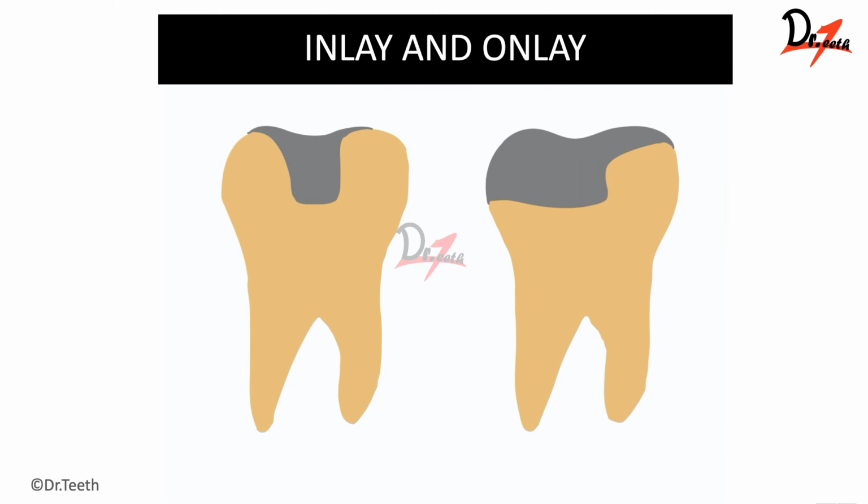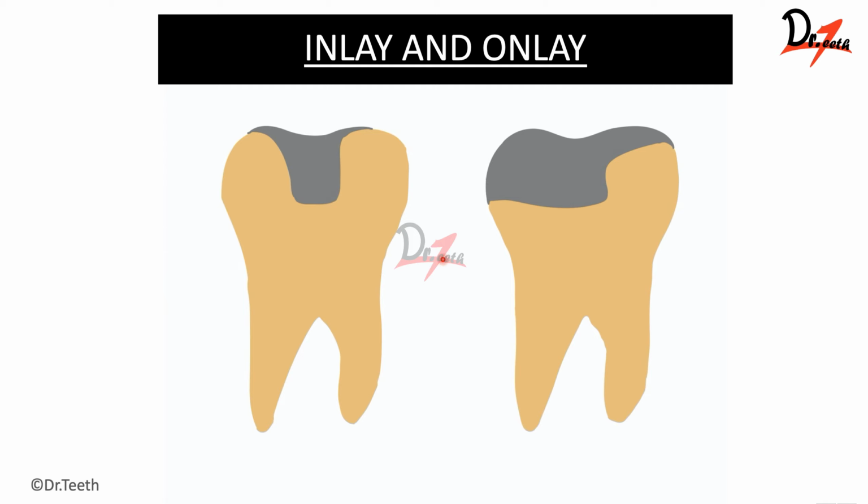After this, we have inlay and onlay. So what is an inlay and what is an onlay? Inlays are intracoronal restorations, that is, within the tooth structure, and are used for medium-sized single tooth proximo-occlusal regions or gingival regions. They are usually made of gold alloy or ceramic material.